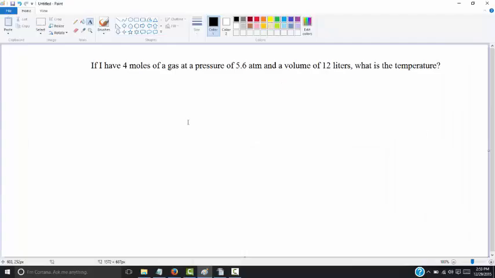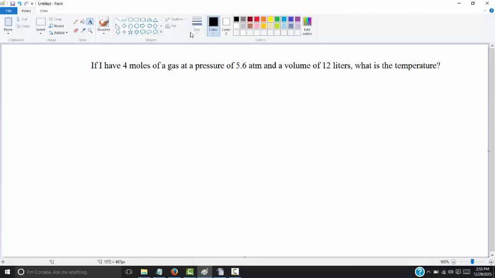Okay, here's a typical question when it comes to ideal gas law problems, and we'll go over some common mistakes that people make with this equation also. Question: if I have 4 moles of a gas at a pressure of 5.6 atmospheres and a volume of 12 liters, what is the temperature? Just in this question, you already have all the information that you need to solve the equation.